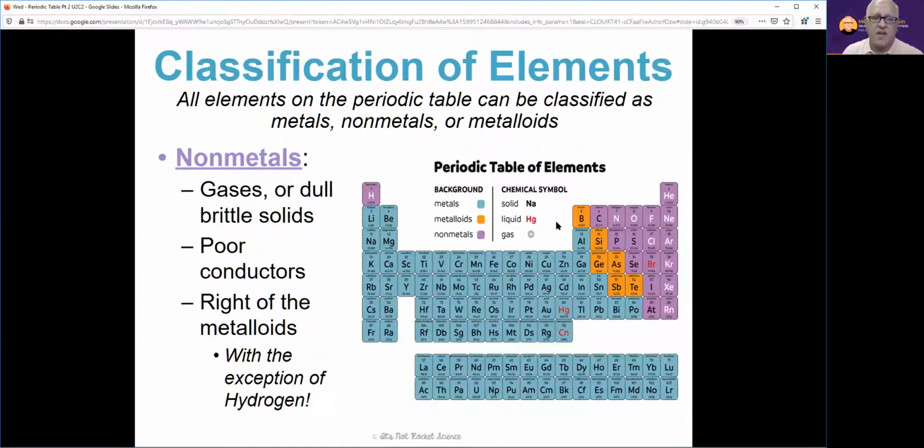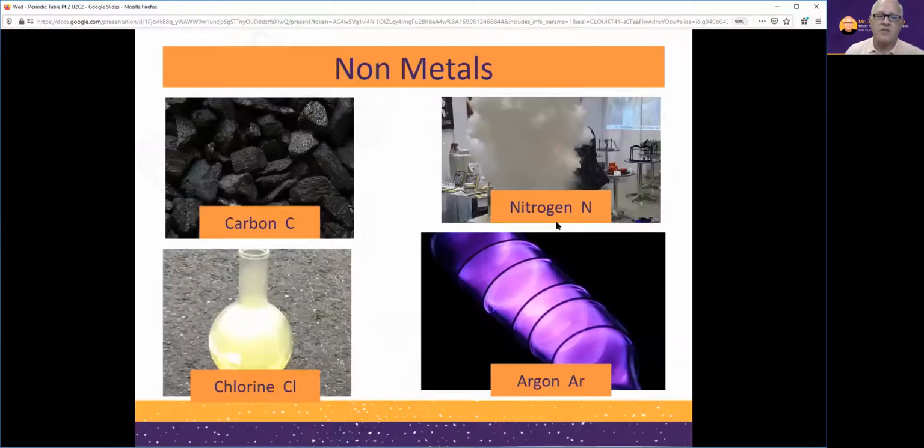Let's look at some of the things that are the nonmetals. Carbon. And carbon, of course, is the basis for all living things, but it's a nonmetal. Chlorine. Chlorine is in many of the liquids that we use on a regular basis. It's used to kill bacteria, but chlorine at room temperature is a liquid.